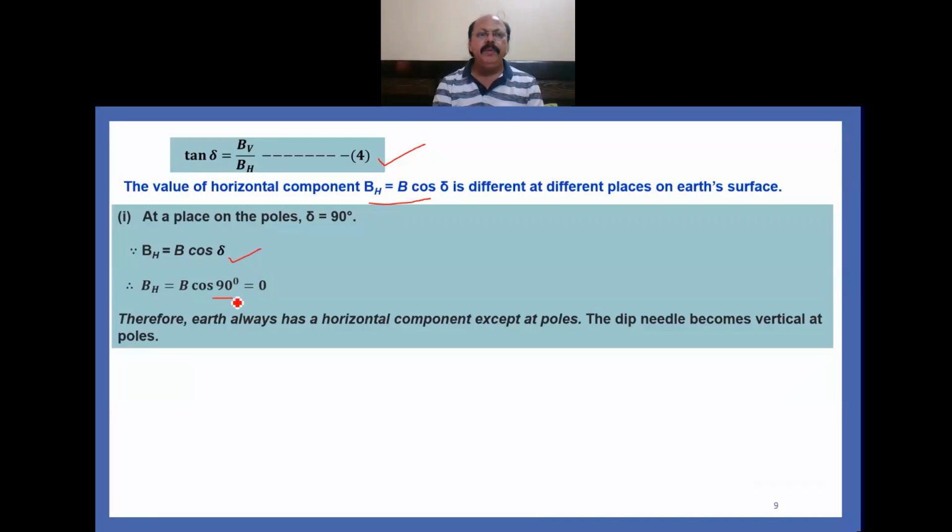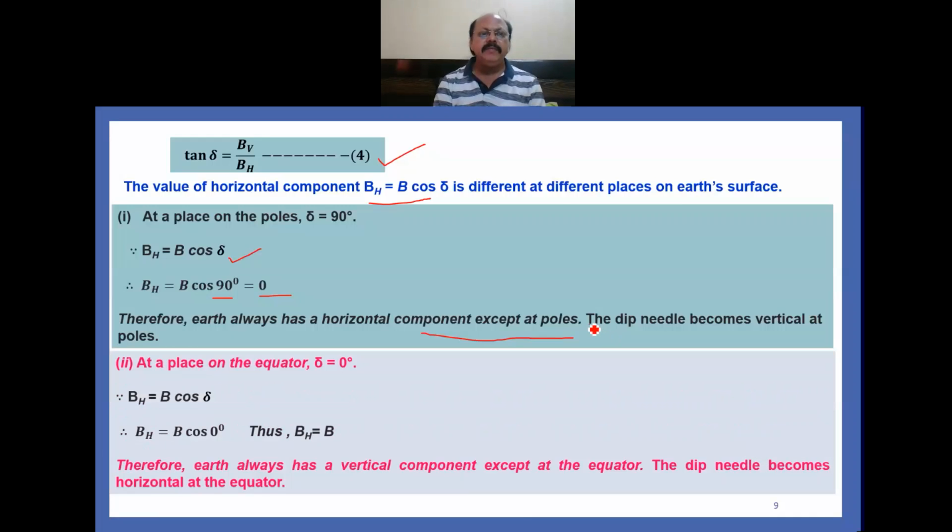So BH equals B cos 90. B cos 90 is 0. So BH equals 0. Therefore earth always has the horizontal component except at poles. The dip needle becomes vertical at poles. Just 2 minutes before I explained the same thing.